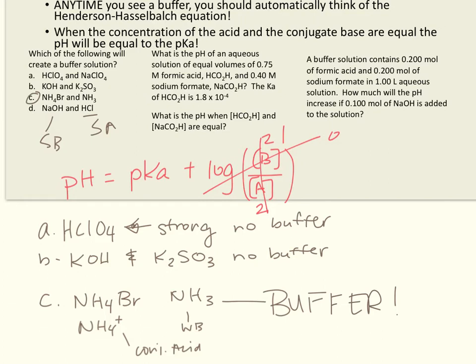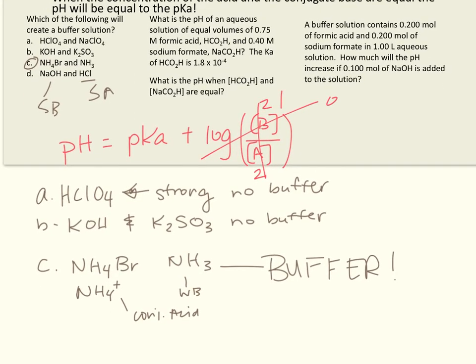The next question, what is the pH of an aqueous solution of equal volumes of 0.75 molar formic acid and 0.4 molar sodium formate? The Ka of formic acid is 1.8 times 10 to the negative 4. All right, let's see.